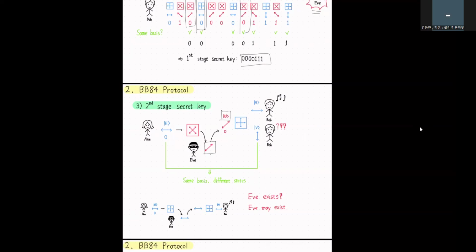And then Bob measures it and gets a horizontal result, which actually somehow matches the original bit sent by Alice. But sometimes he might get the vertical vector. And this would be different. This would be incorrect.